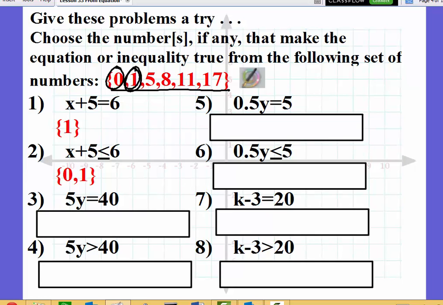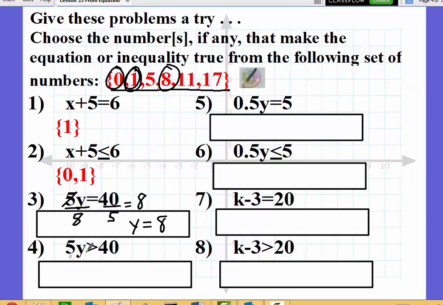Okay, my next one, I'm going to divide, do my inverse. So when I divide, those 5's cancel out. I'm left with y equals 40 divided by 5, which equals 8. Do I see 8 up here anywhere? Yeah, I do, right there. So my answer should be y equals 8. Then let's check over here. 5 times what is greater than 40?